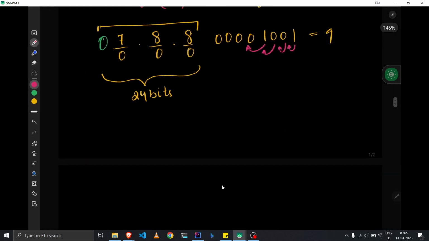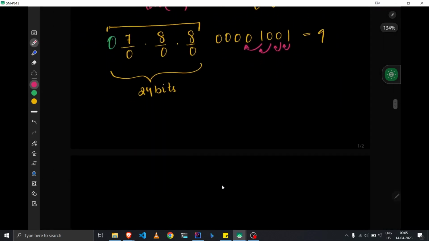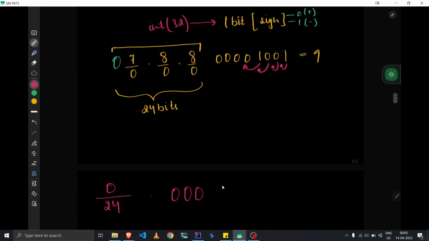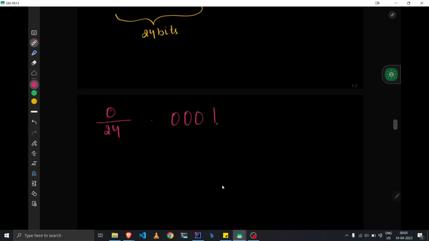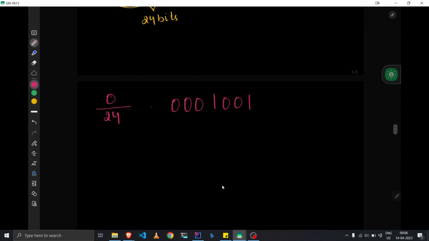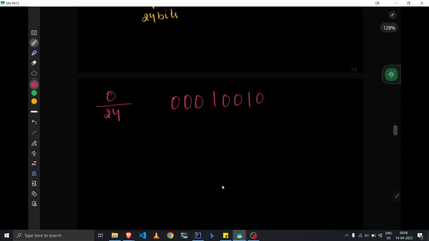Let me show you. We have those 24 zeros, followed by now 3 zeros. We shift the 1 towards here, so we have 3 zeros followed by 1 0 0 1, and at the end we will again put a 0, right?